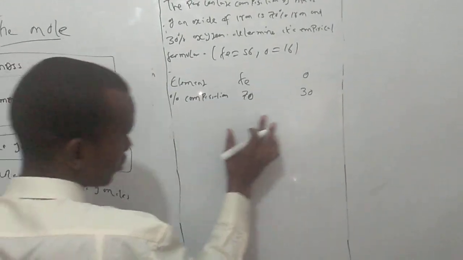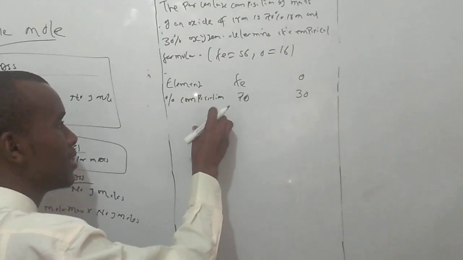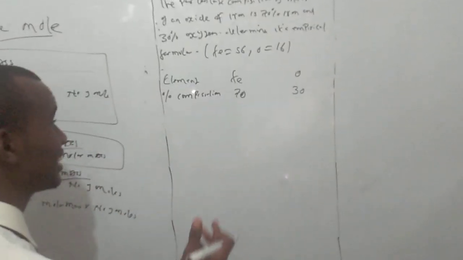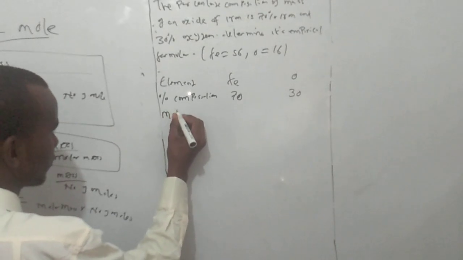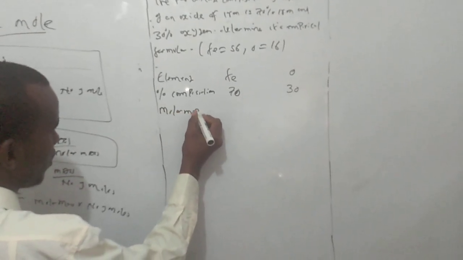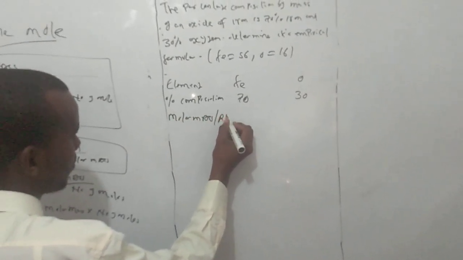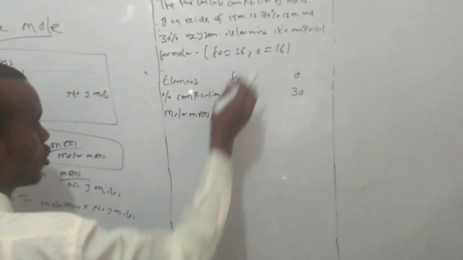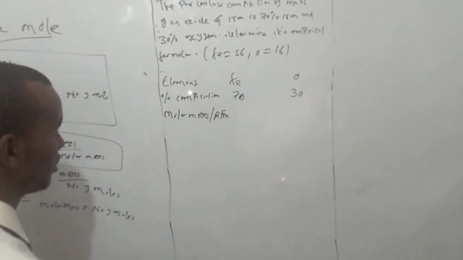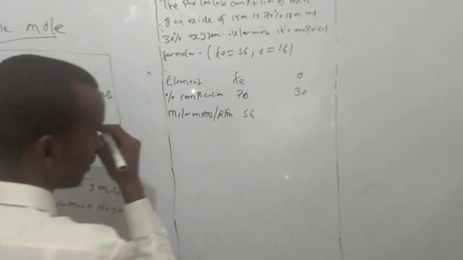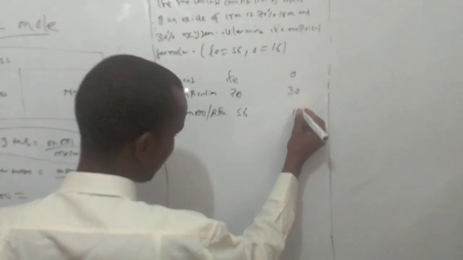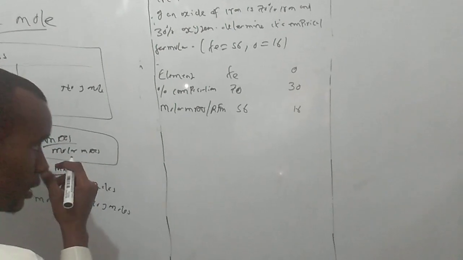Then after we write the percentage composition, remember this represents our mass. Next is to get the molar mass. This one we can say RFM. It is given in the question. Iron is 56, then oxygen is 16.